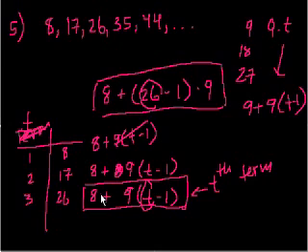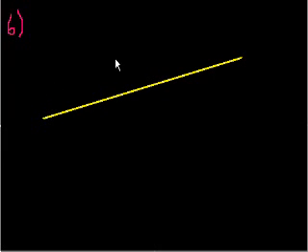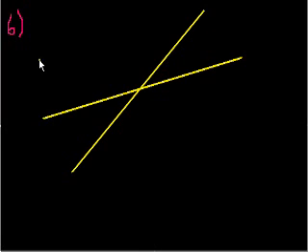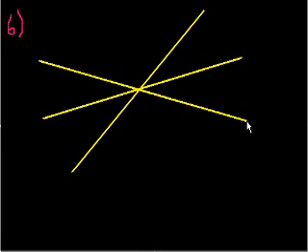Let's do the next problem. Problem 6. Problem 6 I will do in yellow. They draw a bunch of lines. So they draw 3 lines. 1 line, 2 lines. And then we have a third line.